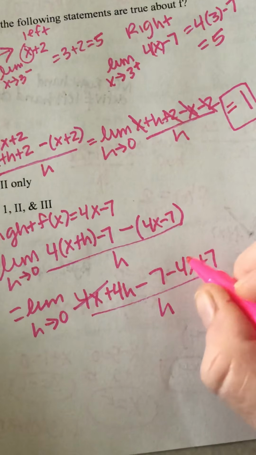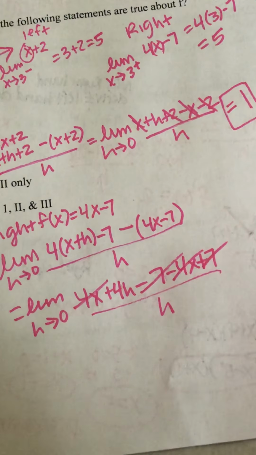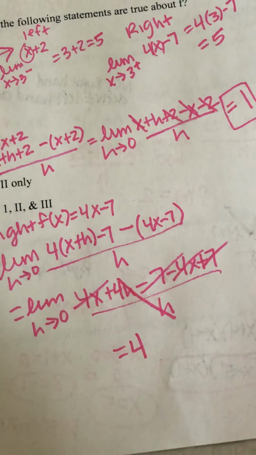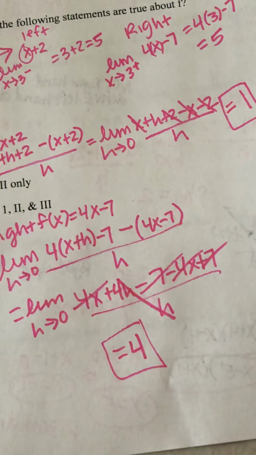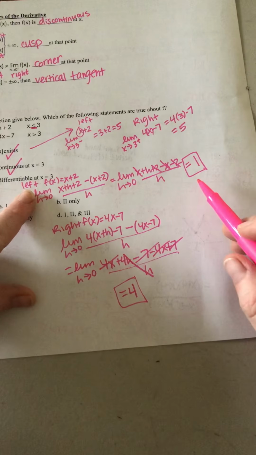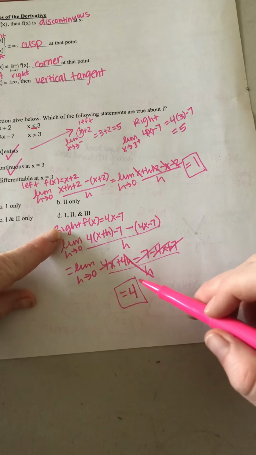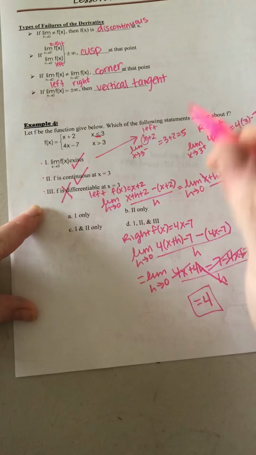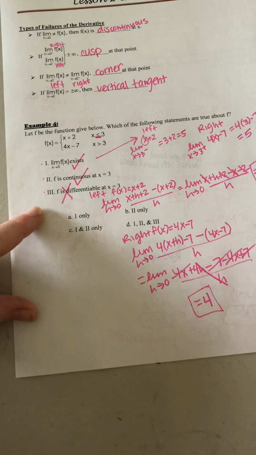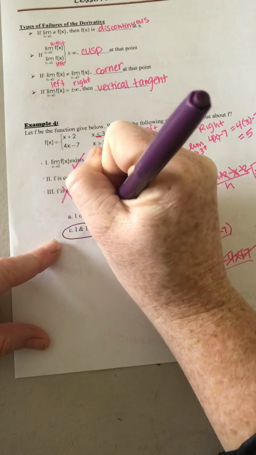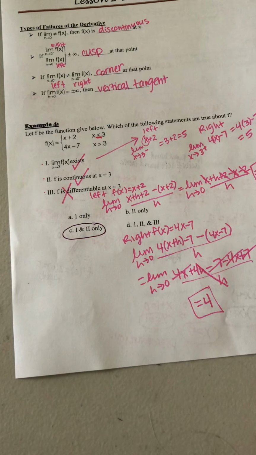The x's cancel, the 7's cancel. 4h over h reduces to 4. So since the left side derivative is 1 and the right side derivative is 4, f is not differentiable at x equals 3. They're two different values. So the only things that are true are 1 and 2 only, C. That's it for this lesson.